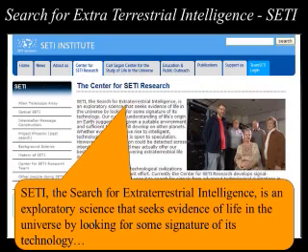So what are they looking for? They're looking for something out there that would indicate there's technology out there. Because nobody believes that nature can produce technology. That would require intelligence. That's their approach.